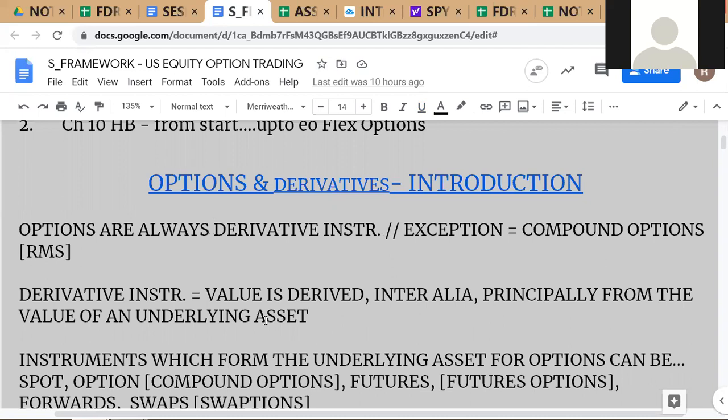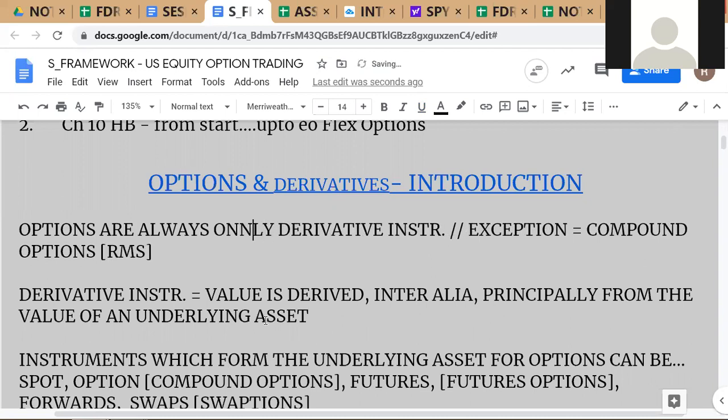This should be written as, then there is an exception. Options are always only derivative instruments. What is the only exception? The compound option. For compound options, you can read my book, which is there in your finance reference folder. A compound option is nothing but an option on an option.